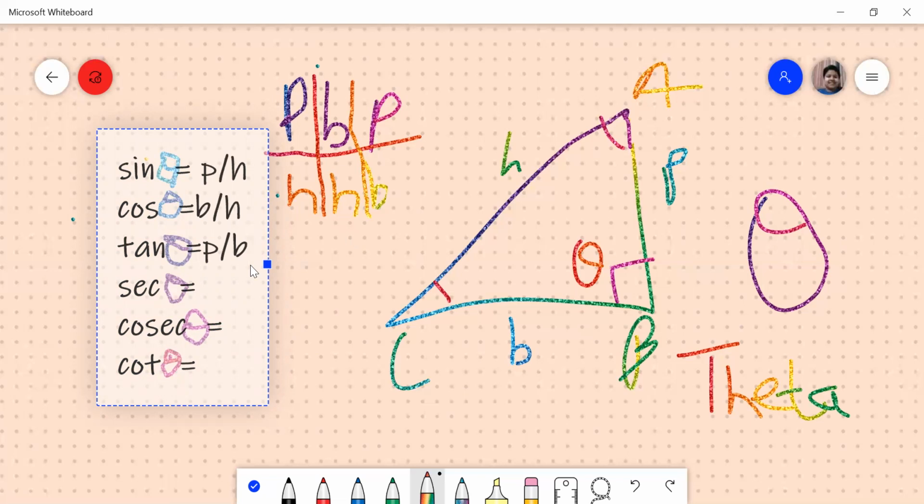Okay, so you might be wondering that I wrote formulas for these three, but why didn't I write for these three? The answer is because these three have the formulas inverse of what sine, cos and tan have. So sec is equal to inverse of sine, cosec is equal to inverse of cos, and cot is equal to inverse of tan.